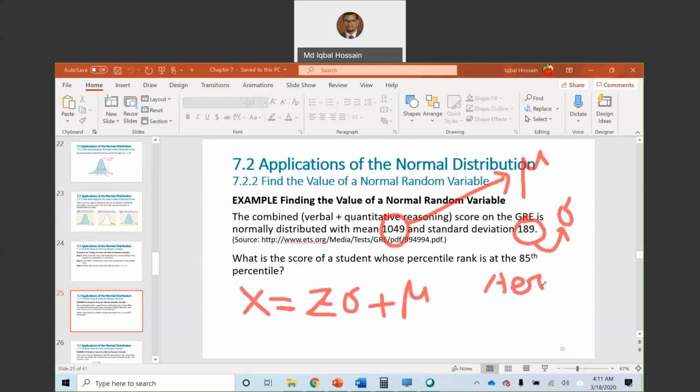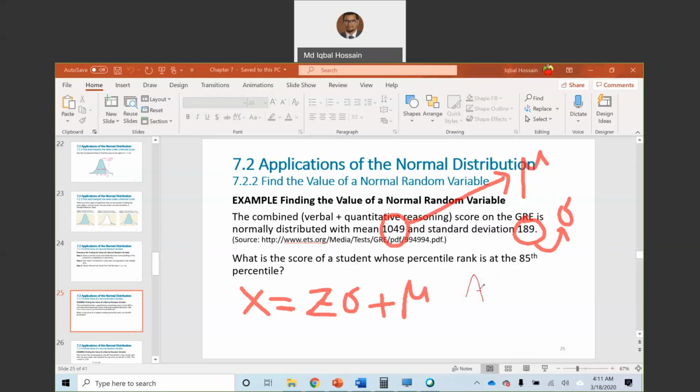Okay, so the area we have here, this one is our area.